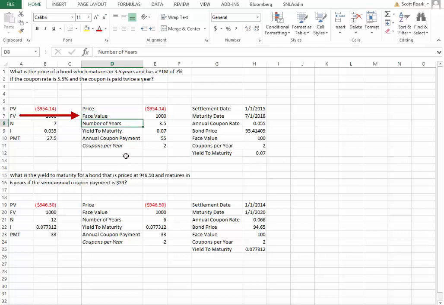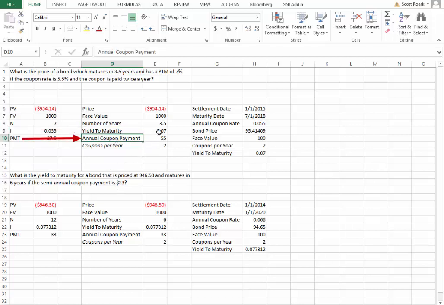The number of years. Now notice I'm making a little transition here. I'm putting in the number of years, and then down at the bottom I'm adding a little row, a descriptor that asks how many coupons there are per year. The yield to maturity, that's analogous to the rate. That's what the I is asking us for, the yield to maturity. And then the annual coupon payment is the next row.